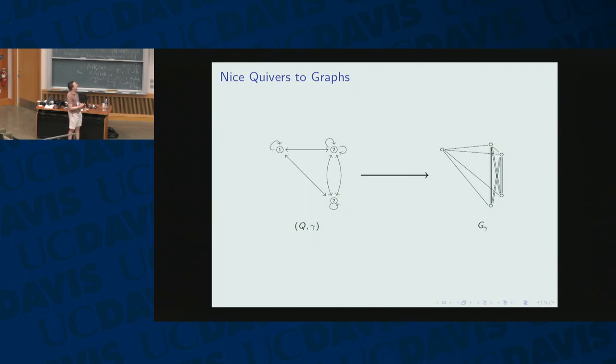And if I have a pair of edges between distinct vertices, that's going to give rise to edges with the appropriate multiplicity between each pair of vertices in the corresponding families in my graph. And a loop at a given vertex will correspond to really a copy of the complete graph at the corresponding family, with the proviso that somehow the first loop didn't really count, right? So it's some combinatorial construction.